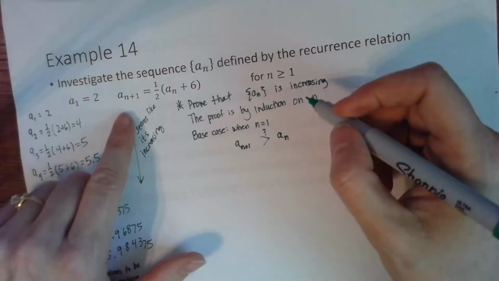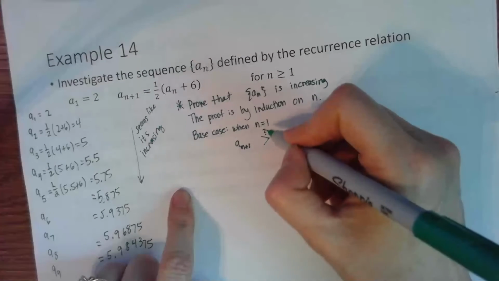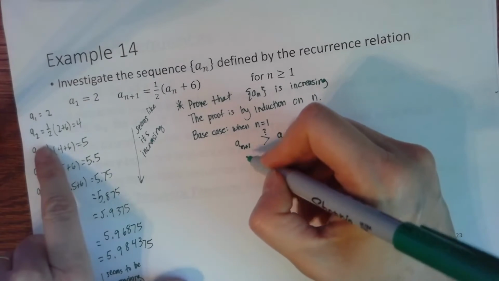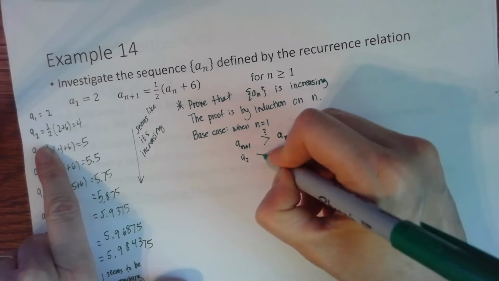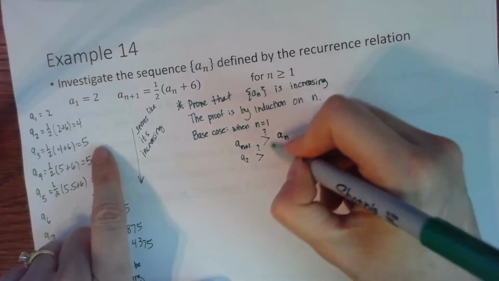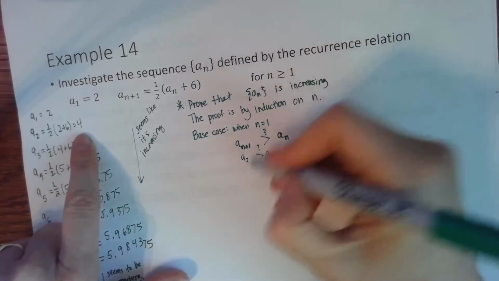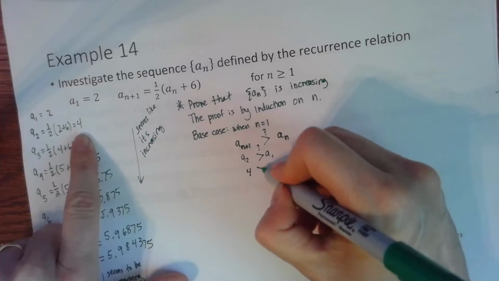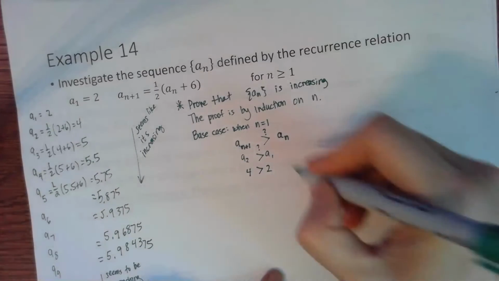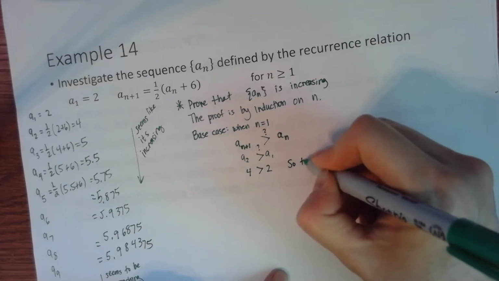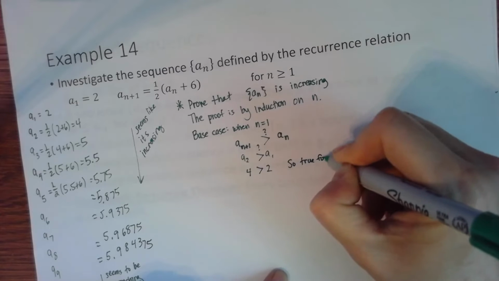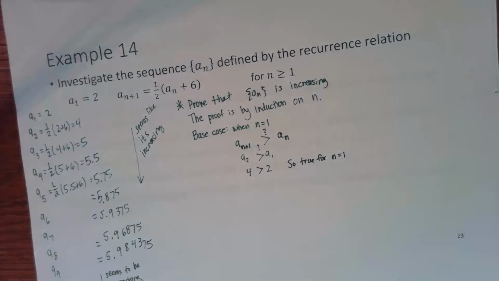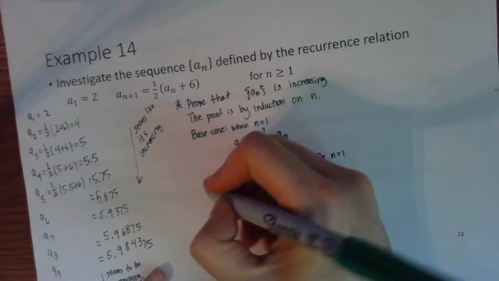A sub n plus 1, when n equals 1, is a sub 2. Is that bigger than a sub 1? Well, yes, 4 is greater than 2. So it's true for n equals 1, which is our base case. All right, so we've established that it's true for the base case. And then we have our inductive hypothesis.